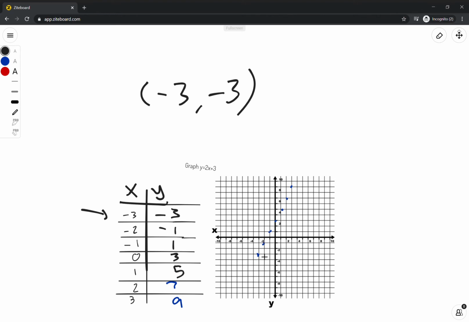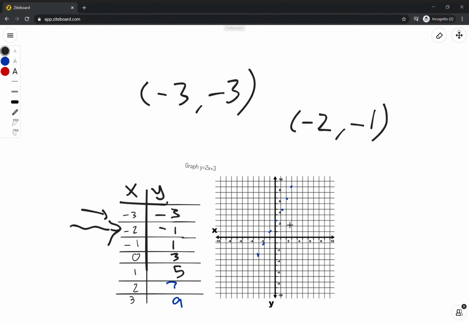We went down to y equals -3 and made a point. We then repeated the process for all of the other points. Let's look at -2, comma, -1, which we got from the second to top row. We went to x equals -2, so 2 units to the left from the origin, and then 1 unit down, because -1. And no need to explain the rest of them.